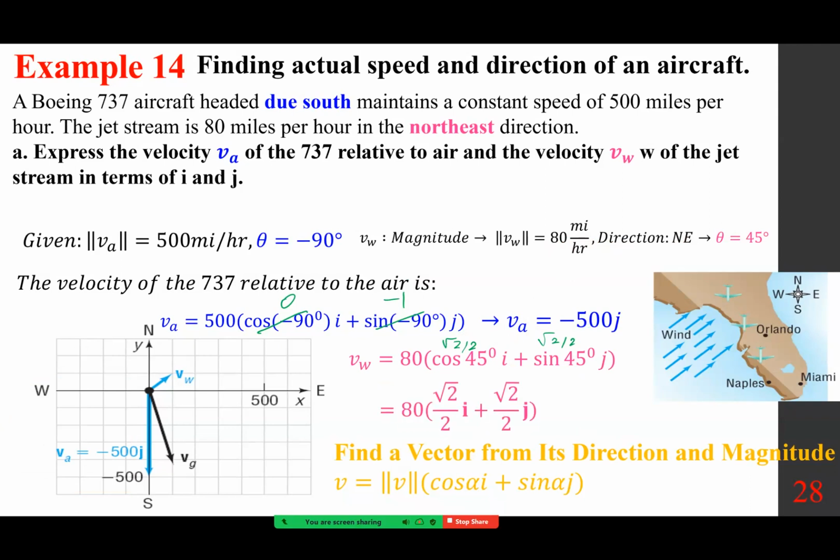You multiply it by 80 and write it as 40 square root of 2 times I plus J, or just 40 square root of 2 I plus 40 square root of 2 J. Either way is fine.